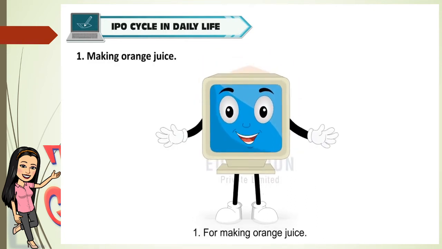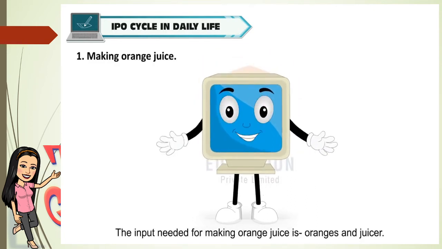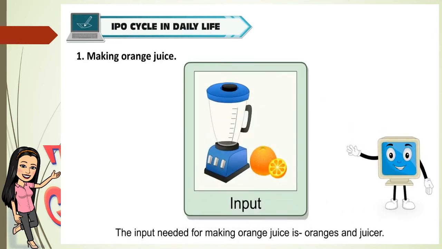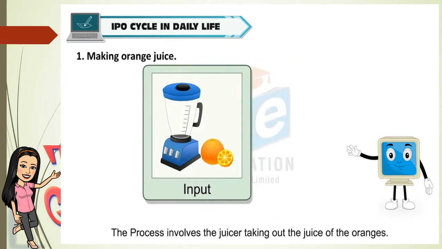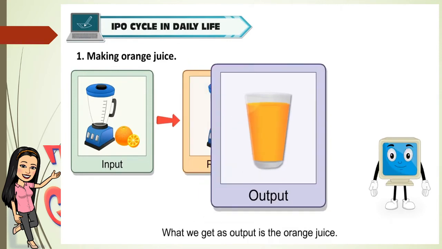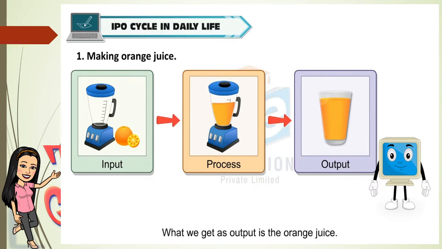For making orange juice, the input needed is oranges and a juicer. The process involves the juicer taking out the juice of the oranges. What we get as output is the orange juice.